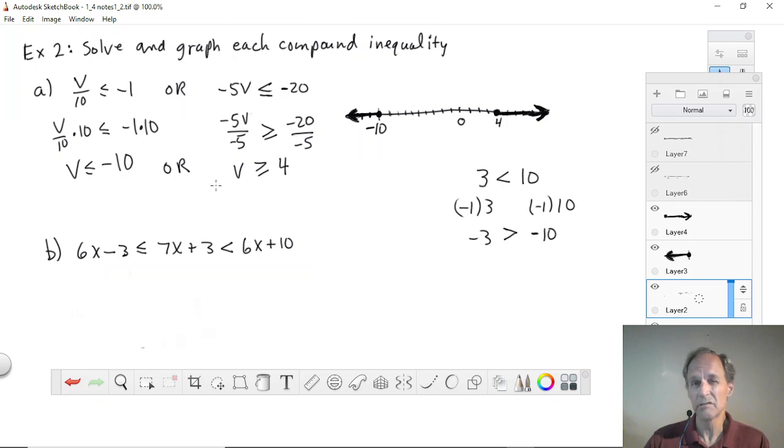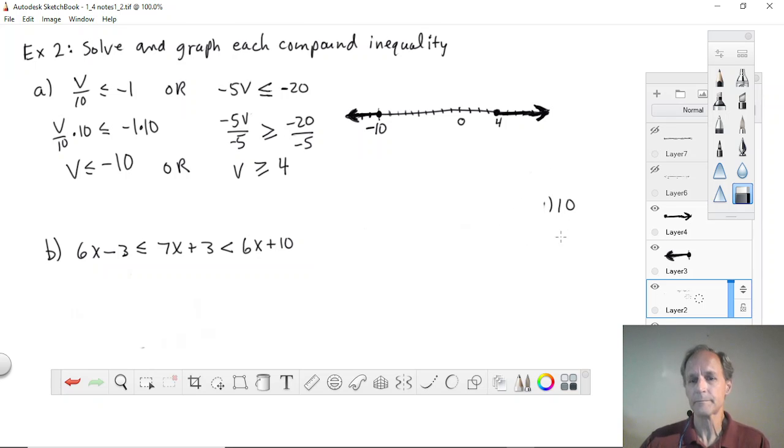If you're not sure what that means, that's okay, the idea is kind of there. It'll happen with any negative number. It'll change the direction. If it used to be less than, it'll be greater than, and if it used to be greater than, it'll be less than. So that's why it has to be that way.